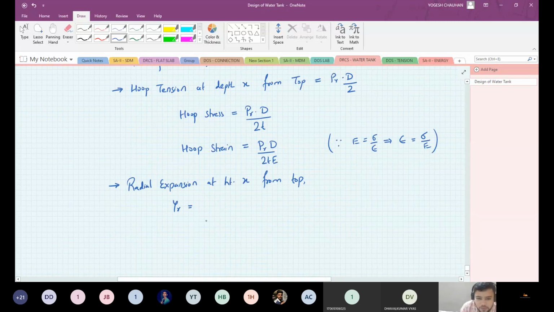It will be equal to hoop strain multiplied by radius.